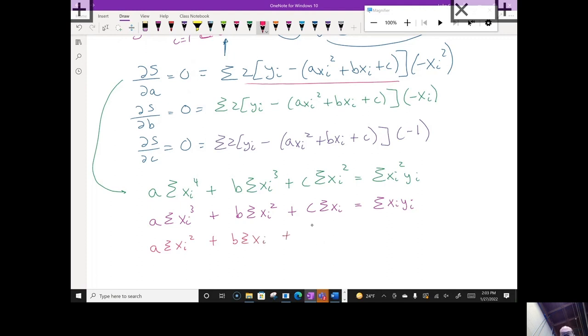Plus c, well, it's actually the summation, which turns out to be, this is from i equal to 1 to n. But if you're adding 1, 2, 3, 4, 5, 6, 7 all the way to n, that's just n times c. Okay?